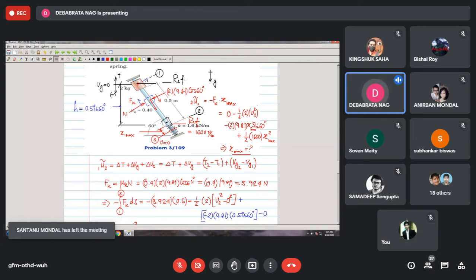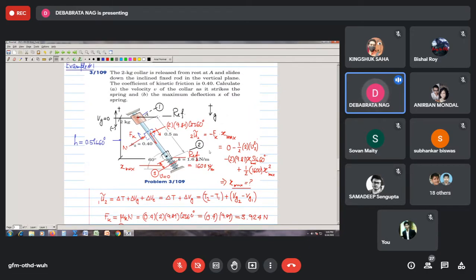That means my system consists of this mass block and the spring both, and we take this entirely to be a system, and then we apply this particular equation between the two state points 2 and 3. So this was the problem which we discussed in our last class.